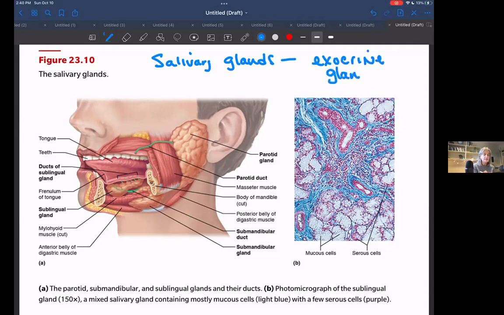They have ducts, and these ducts end up delivering their stuff into the oral cavity. Saliva has enzymes in it that help to break down the food. It also moistens the food. It also has antimicrobial properties.